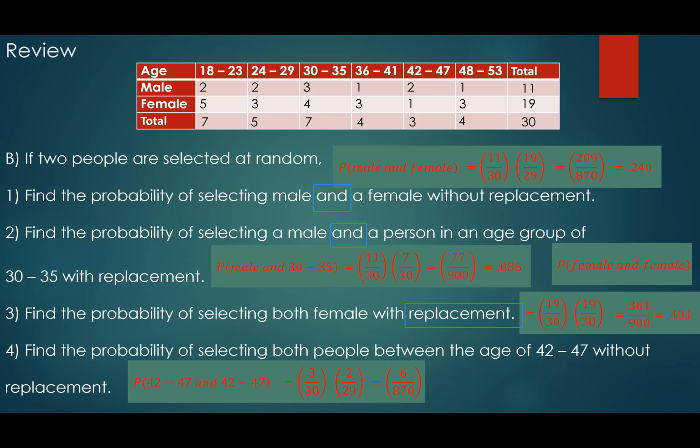Okay, so is this a little bit easier to understand about dependent versus independent? Yes. In the sense that if you don't replace it, if there are some effects between the things that you do, then it's dependent.